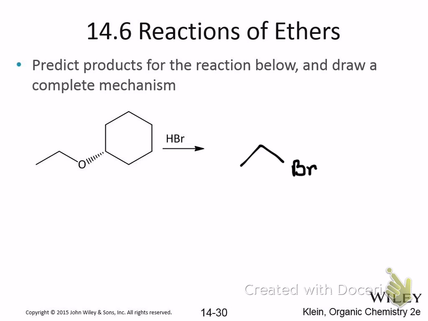And the other was, remember, this is a nucleophilic reaction, right? So I'm going to protonate this oxygen, attack it on the first one and kick the alcohol off. So the first intermediate product, after the first HBr, is actually going to be this.